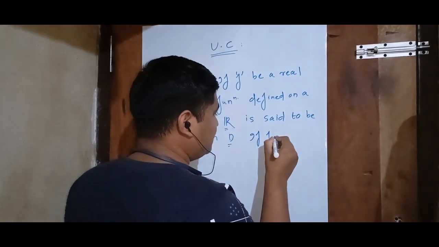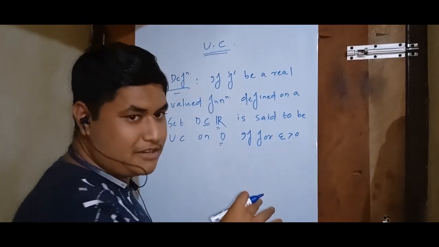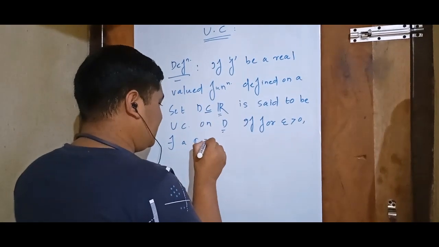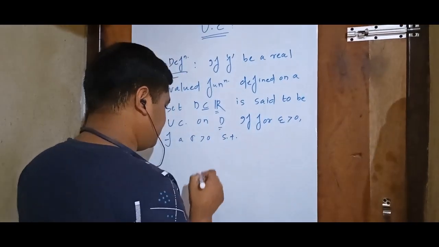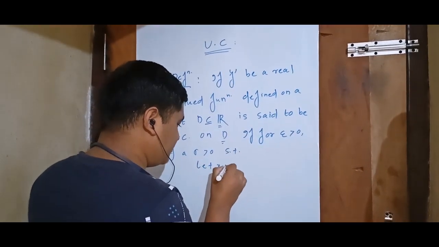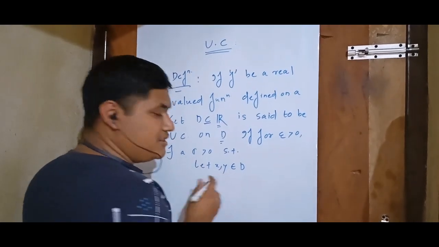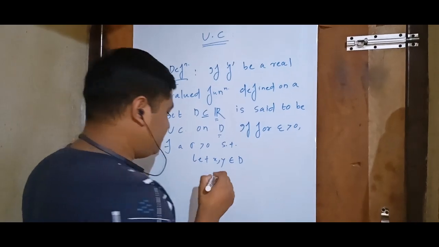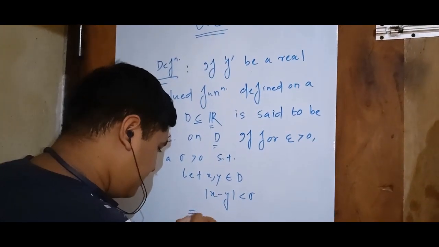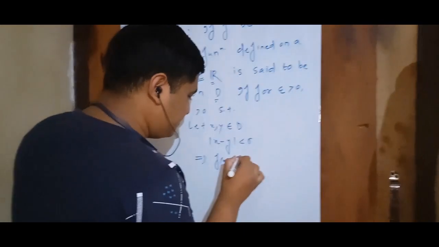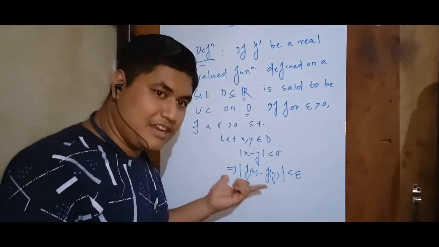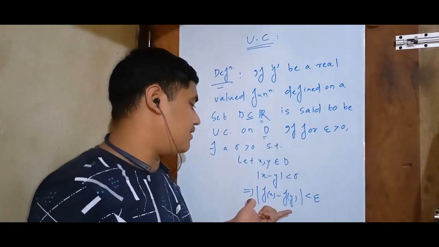If for each epsilon greater than 0, that means epsilon here is a very small positive number, there exists a delta greater than 0 such that if you take 2 points x and y belonging to the domain D, and the distance between these 2 points, modulus of x minus y, is less than delta, then the modulus of the functional value at x minus the functional value at y is less than epsilon.